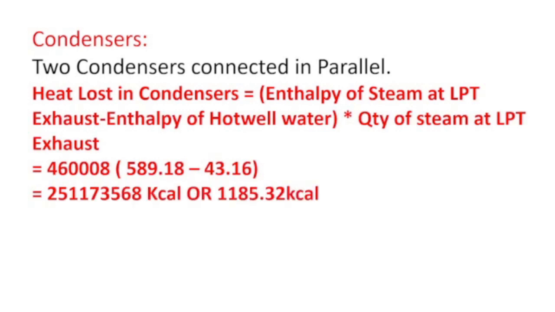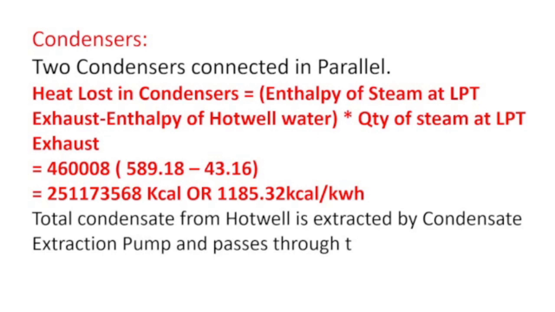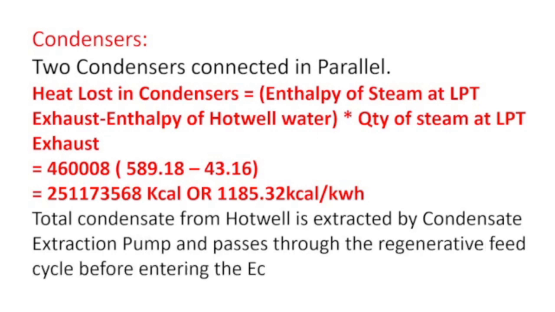So that comes out to be 251173568 kilocalories, or for 210 megawatt, if you calculate in kilowatt hours, it comes out to be around 1185.32 kilocalories per kilowatt hour. The total condensate from the hot well is extracted by the condensate extraction pump and passes through the regenerative feed cycle before entering the economizer in the boiler.